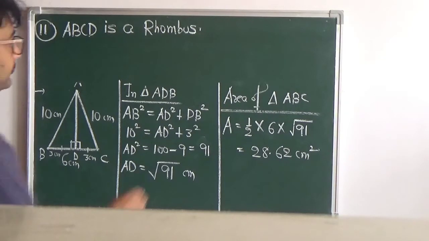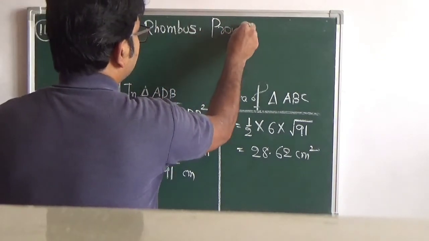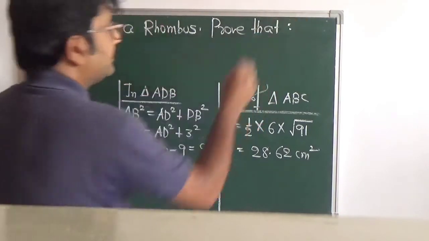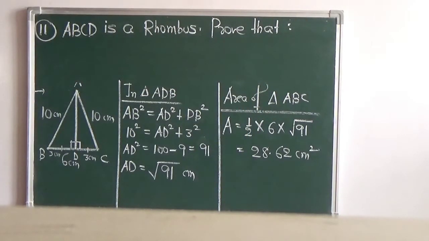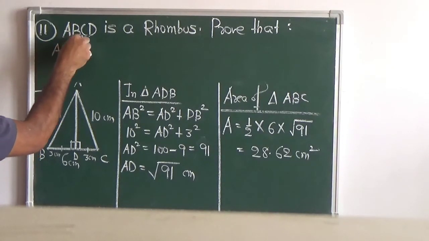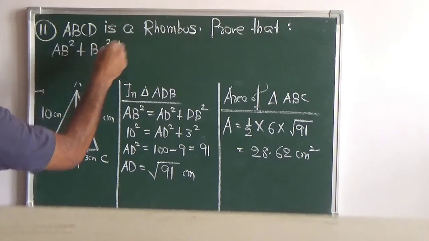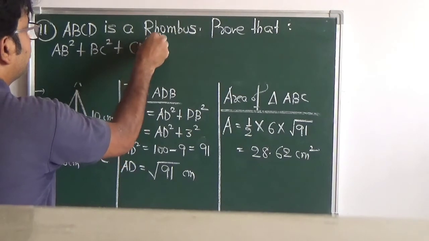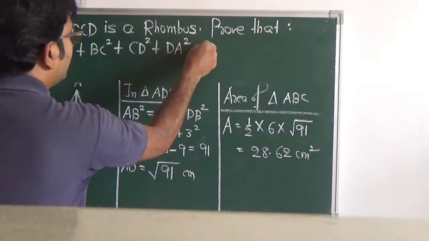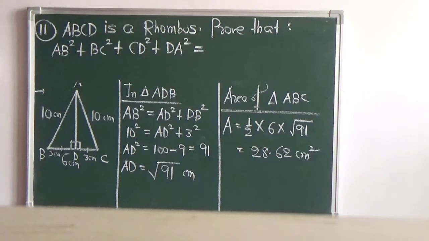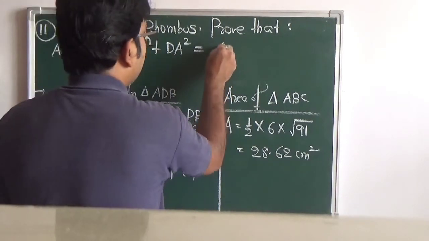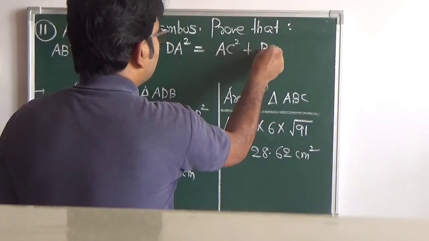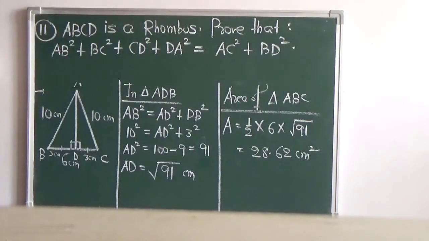Prove that AB square plus BC square plus CD square plus DA square is equal to AC square plus BD square. So this is what you have to prove, and we are given that ABCD is a rhombus.